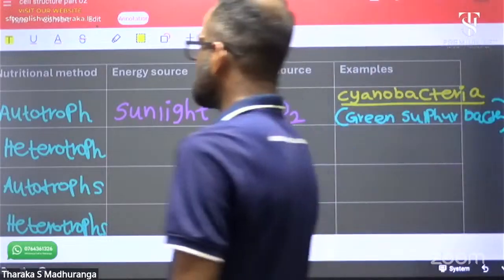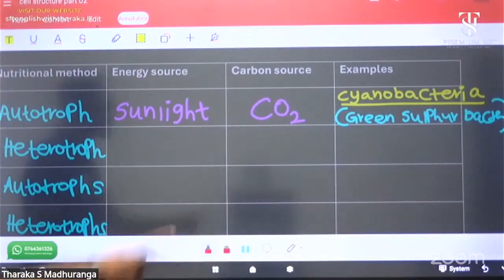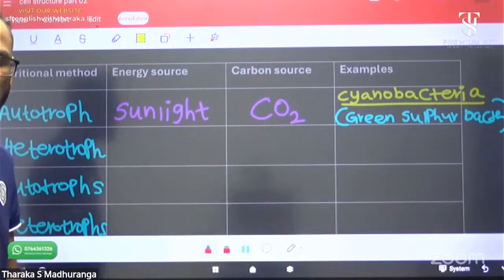Green sulfur bacteria. Okay, that's also cyanobacterial type, right? Green sulfur bacteria also cyanobacterial type.